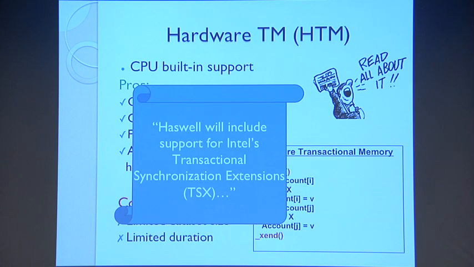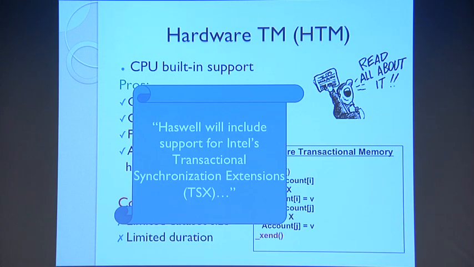One thing to note is that before that, I think in 2010, Sun Microsystems also had a prototype for a new processor called Rock that had some kind of hardware transactional memory. But then Sun Microsystems was bought by Oracle, and this project was abandoned.